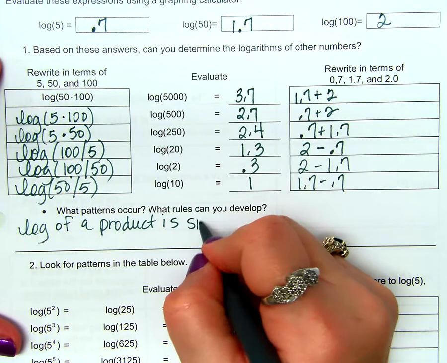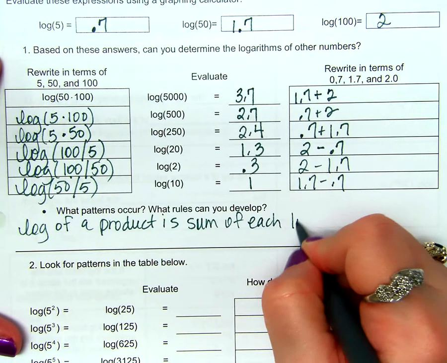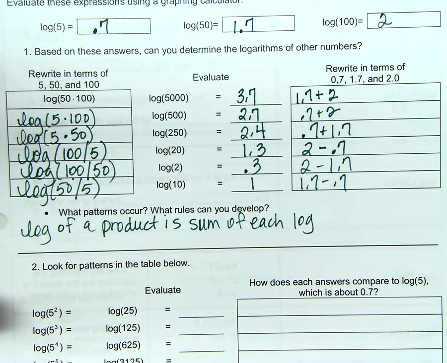The sum of each log. Do I need to write the word logarithm out for you, or can you understand what I mean by log? I don't actually mean like a tree log.